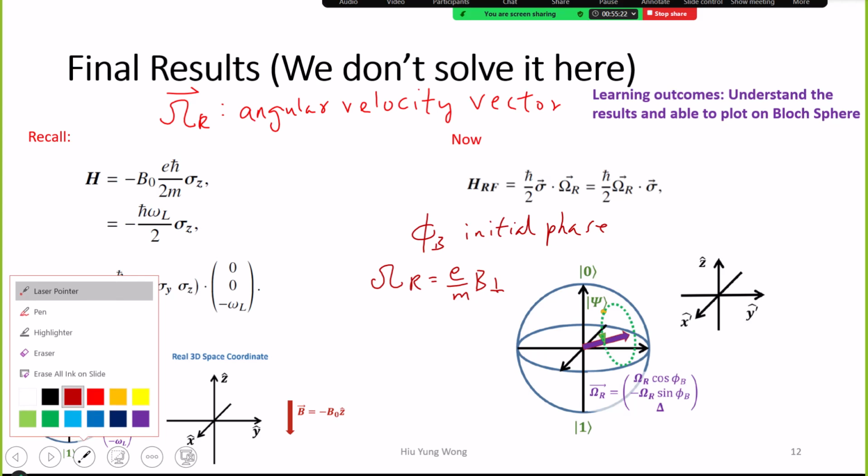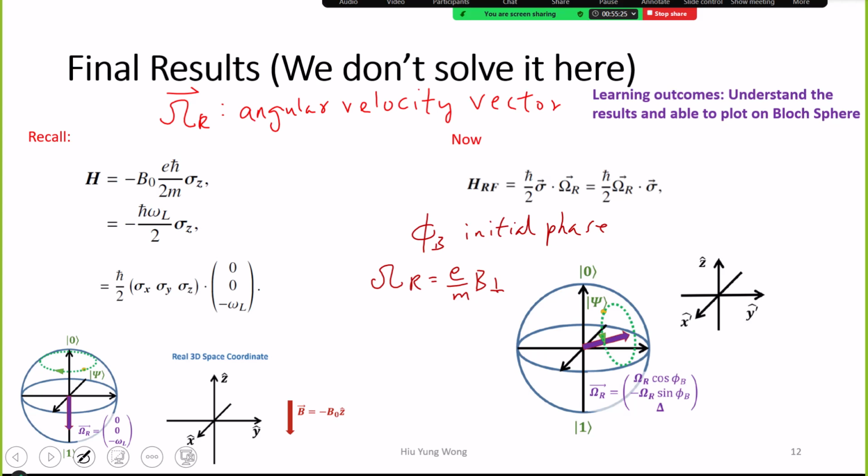The real frequency that it is oscillating at, we define something called omega dash, this is a scalar, equal to the magnitude of this vector. And of course, the magnitude of this vector equals the square root of omega r squared plus delta squared, right? Because this is x squared plus y squared plus z squared, and x squared plus y squared, cosine squared plus sine squared, equals 1.